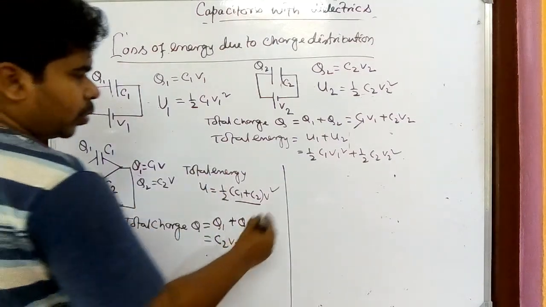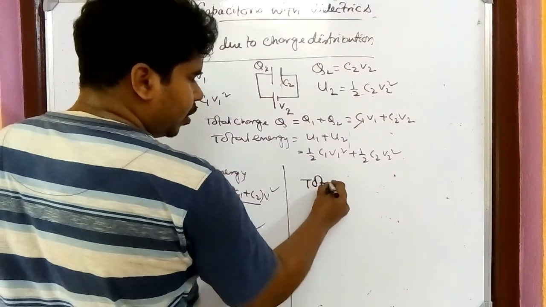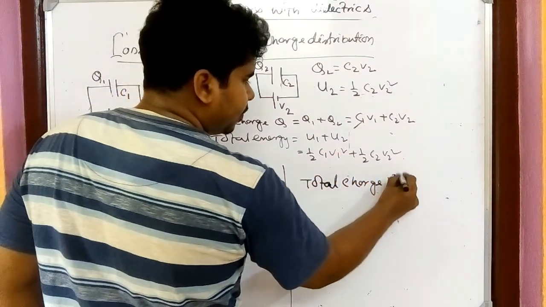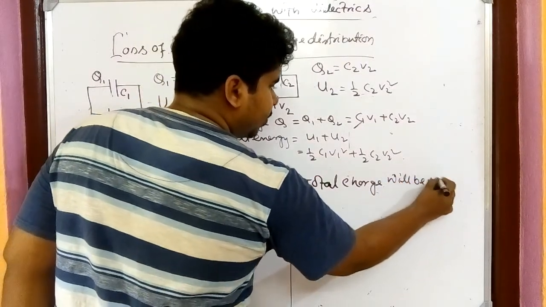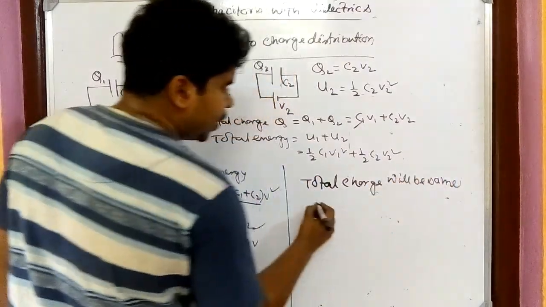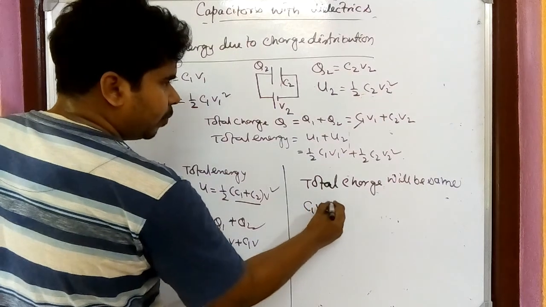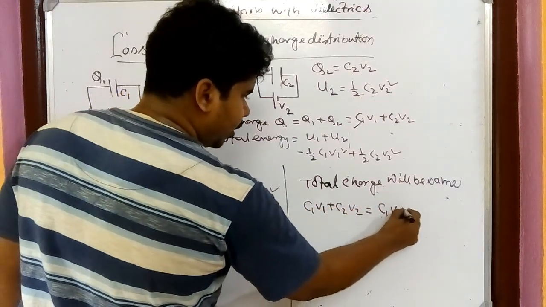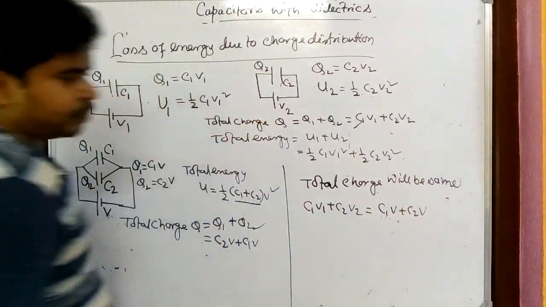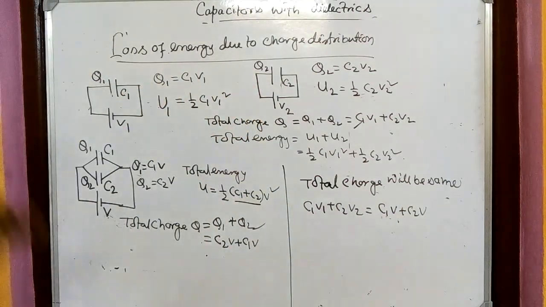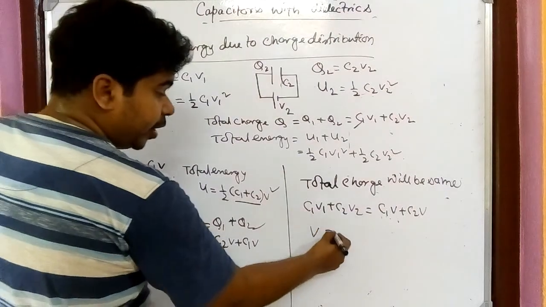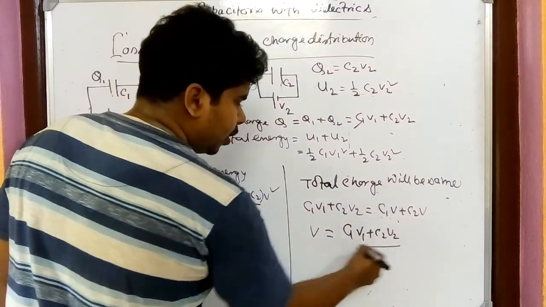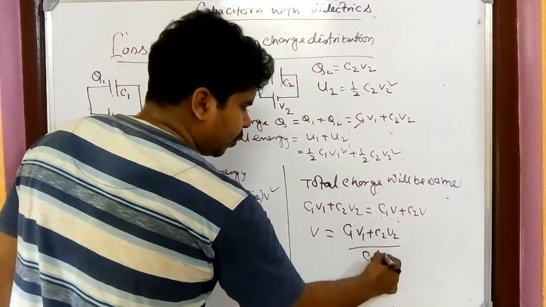This total charge will be the same, that is C1 V1 plus C2 V2 equals C1 V plus C2 V. Total charge will remain constant, and from here we can write V equals C1 V1 plus C2 V2 by C1 plus C2.